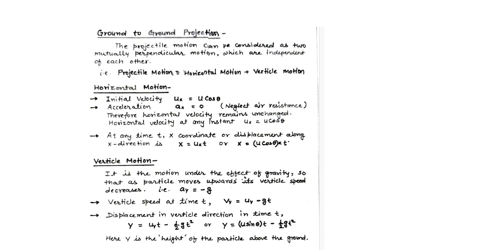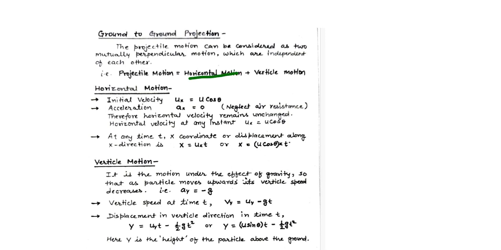Now we have projectile motion. We can consider projectile motion as two motions: horizontal motion plus vertical motion. In horizontal motion, ux is u cos theta from the previous diagram. What is the corresponding acceleration there?